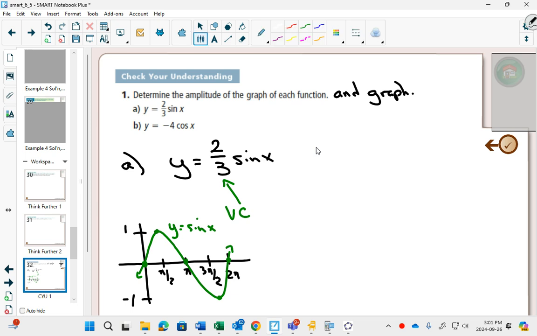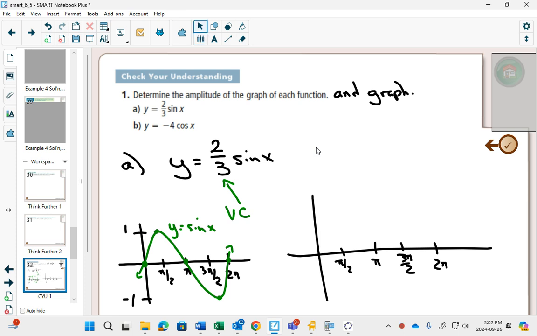And we want to graph this with a vertical compression. A vertical compression is going to change your y values. So my x values don't change, so I can label my axes family again. Pi over 2, pi, 3 pi over 2, and 2 pi.